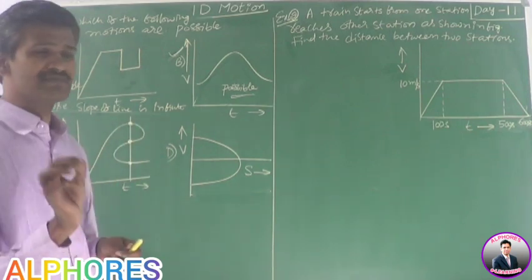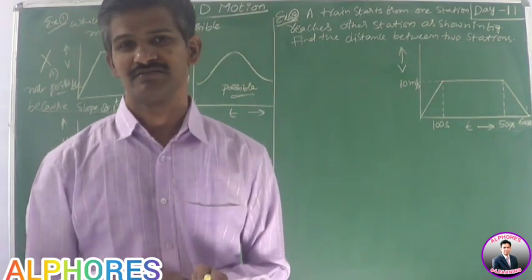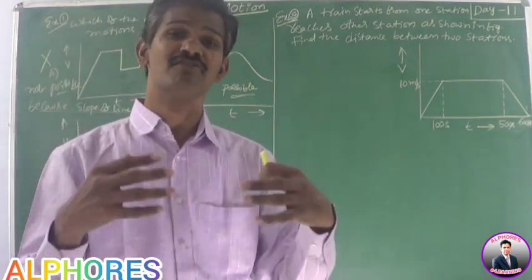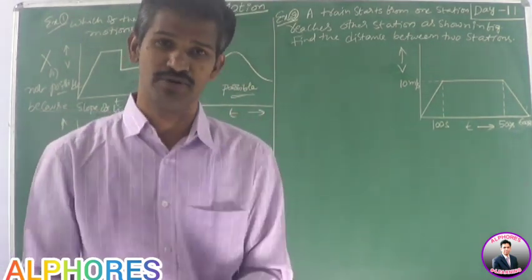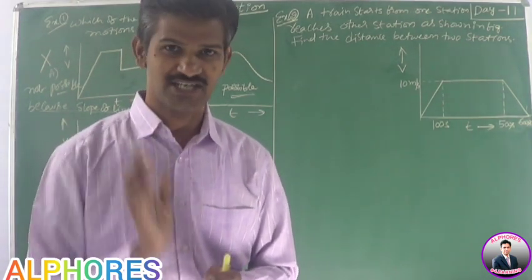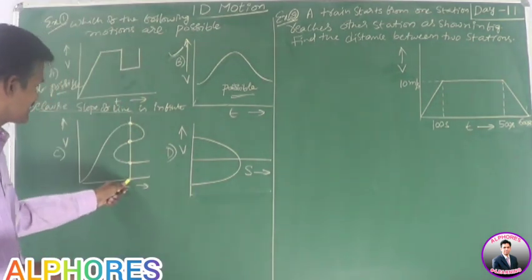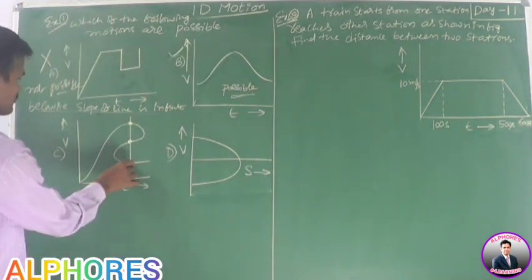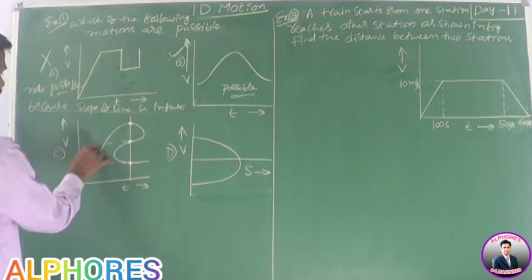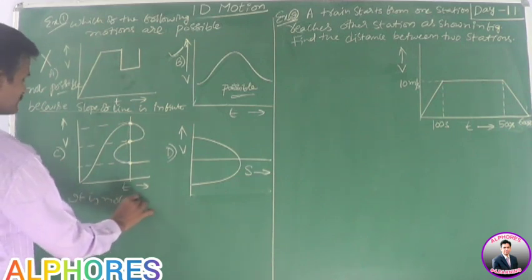Generally, a single body can have only one velocity at a time. It may have 2 or 3 components, but its net velocity is only in one direction. So here it fails that condition. At this time, this particle has this much velocity, some VA, some VB and VC. It is not possible.